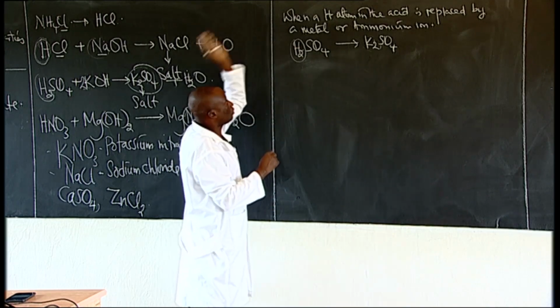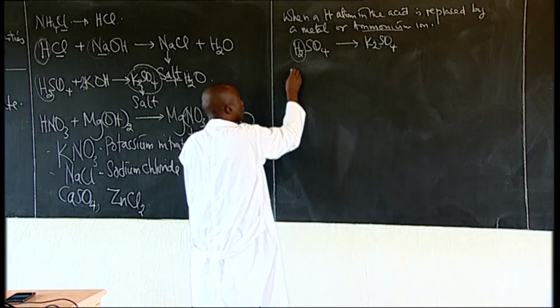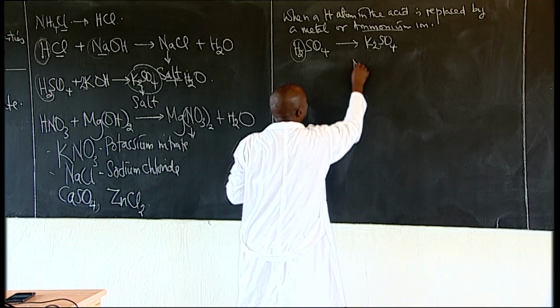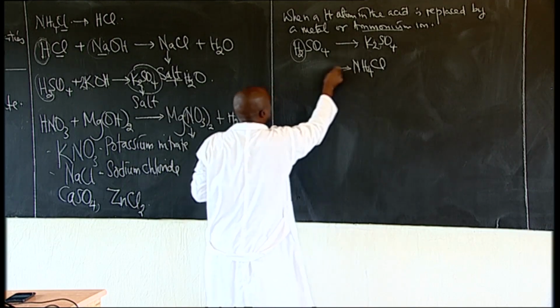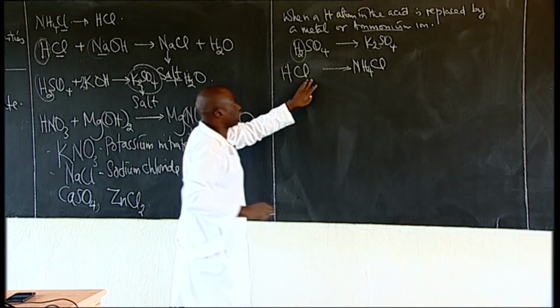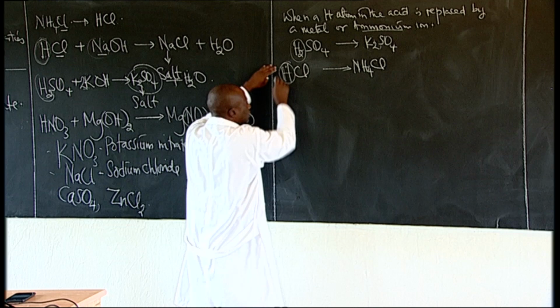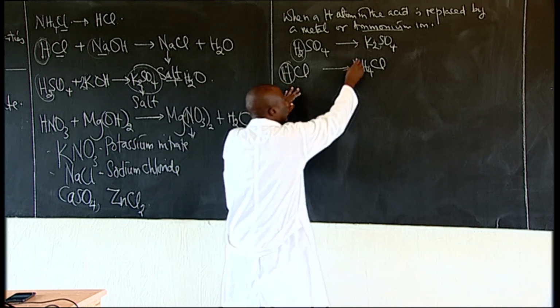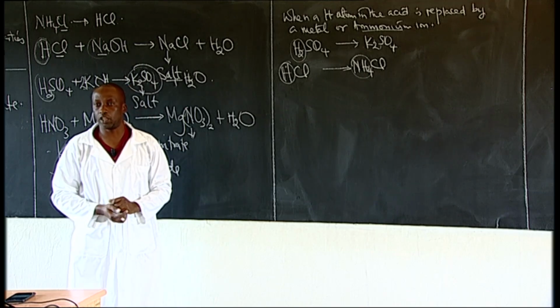Or we can say even the ammonium ion. So we can have ammonium chloride. This ammonium chloride, as we have mentioned, will be formed from hydrochloric acid, where the hydrogen ions are replaced by ammonium ions. So that is the salt that will be formed.